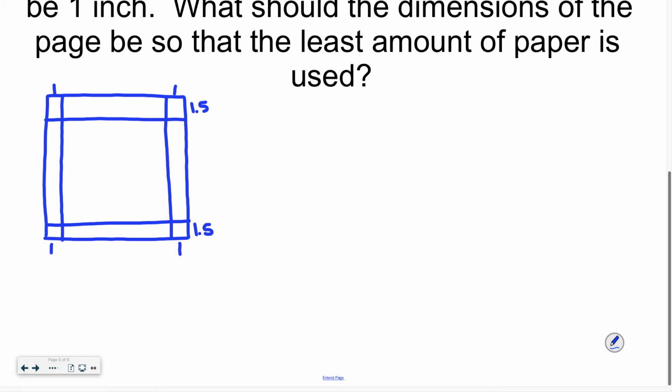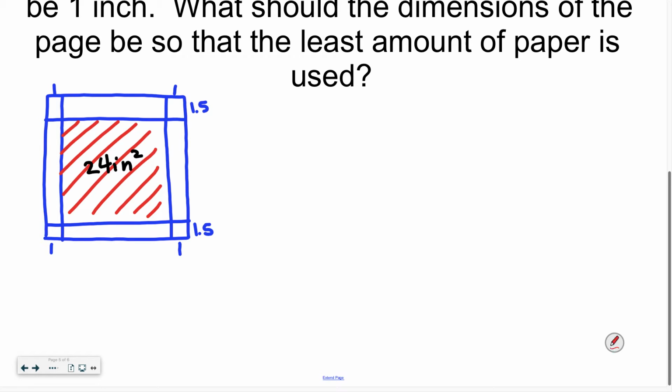Okay. What do we know about this right here? Okay, that right there is 24 square inches. Okay. We need to figure out how big this piece of paper is. So we need to figure out 2 dimensions, right?